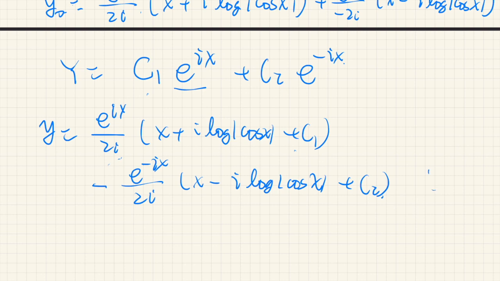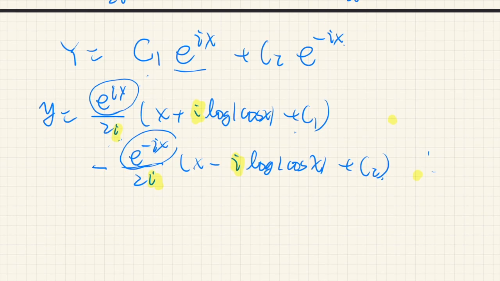But of course, this apparently includes imaginary units. So this is a complex valued function. But if we apply Euler's formula to these factors, then this is just cosine x plus i sine x, and this is cosine x minus i sine x.